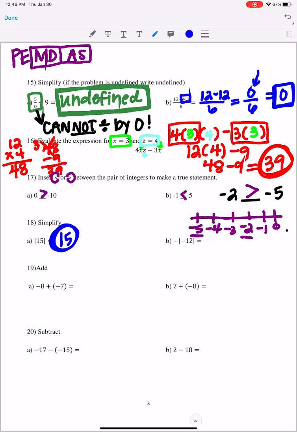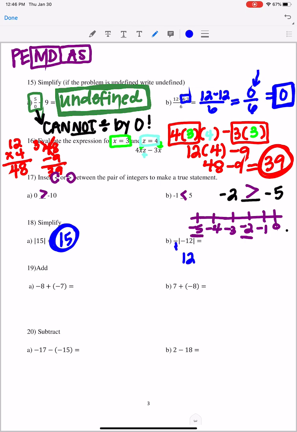On here, the opposite of the absolute value of negative 12, right? You've got the negative absolute value of negative 12. So if that negative wasn't there, the absolute value of negative 12 is 12.